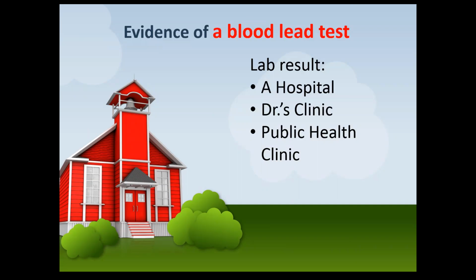We strongly encourage parents to have their children tested at the age of 2 years. If there has been a misunderstanding that we are encouraging parents to wait to test their kids until they are 6 years old, we are encouraging parents to have their children tested as young as possible.